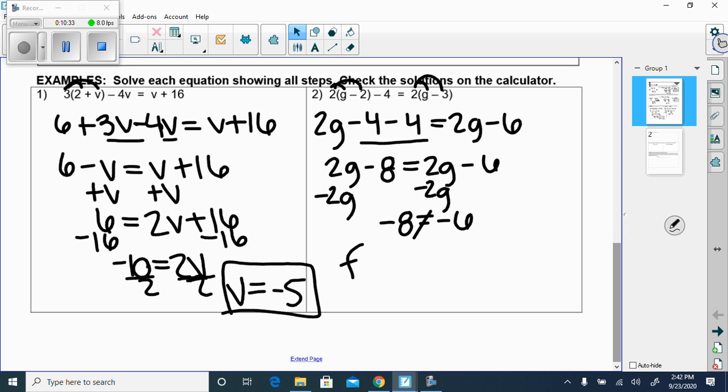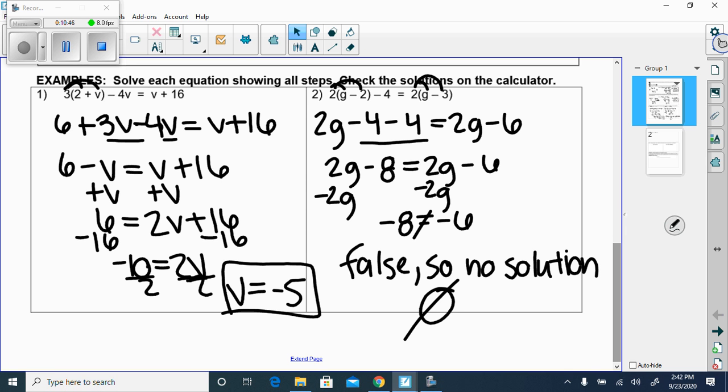This is false. So our answer is no solution. Okay, so if we get a false statement, our answer must be no solution.